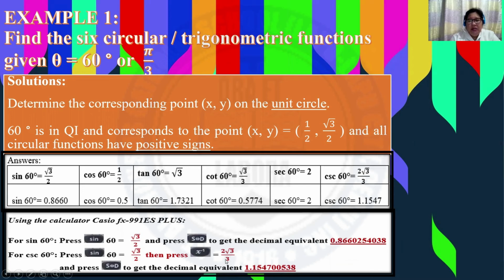Then change this into decimal by pressing the S-D key to get the decimal equivalent, which is 1.154700538, and then round off to 4 decimal places. You can check the other values using your calculator.